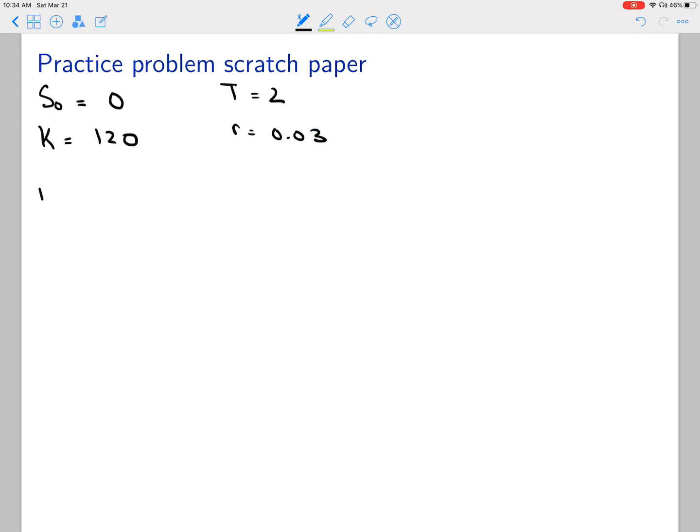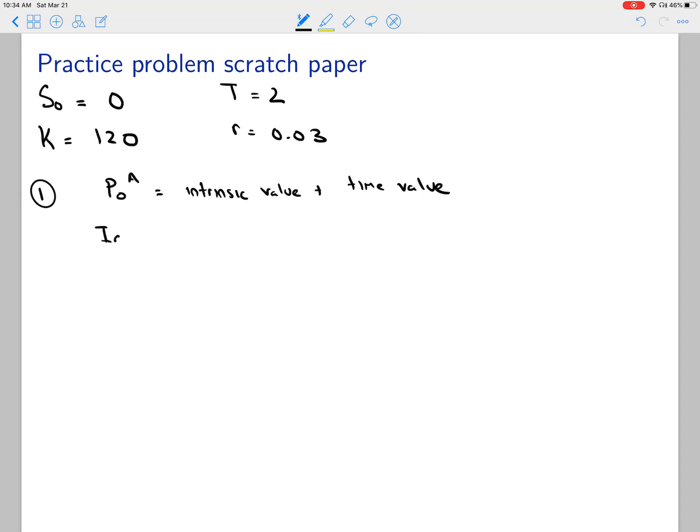In part 1, we're asked to calculate the intrinsic value of the put option. Always remember that the put option price, even if it's an American, can always be decomposed into 2 components. One is intrinsic value, the second is time value.